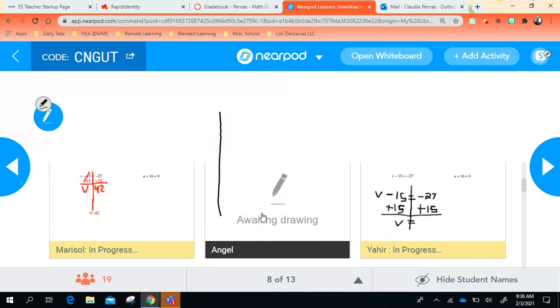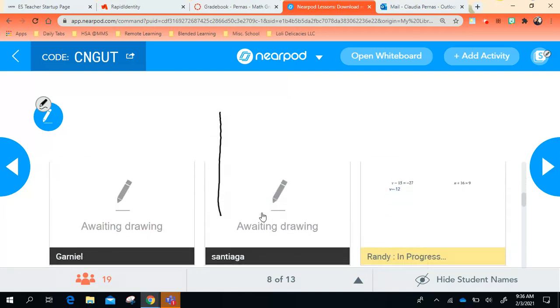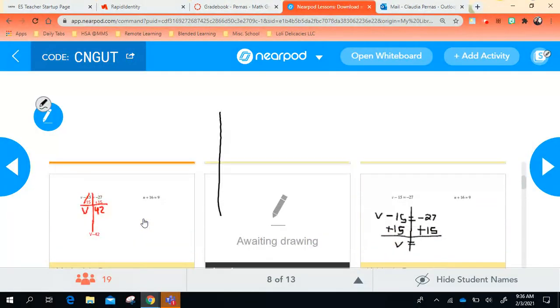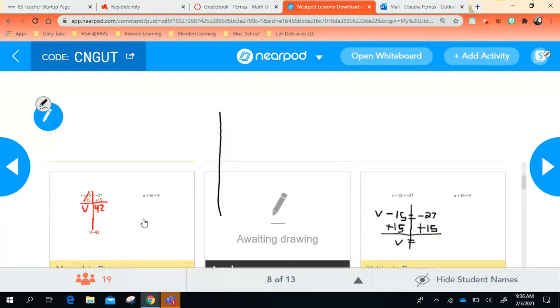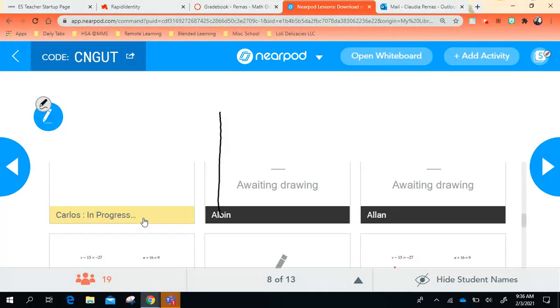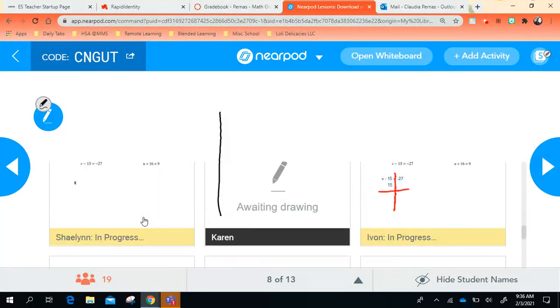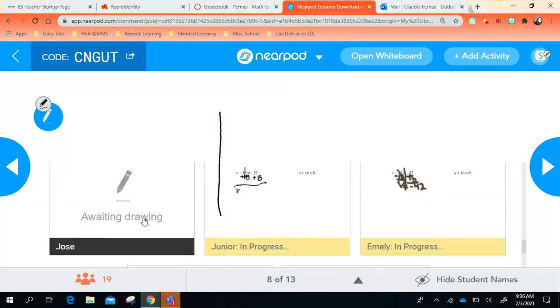Marisol, pay attention, be careful. You worked out the top right, but remember it's negative 27 plus 15. The numbers should not be getting bigger. Yvonne, it looks good so far.